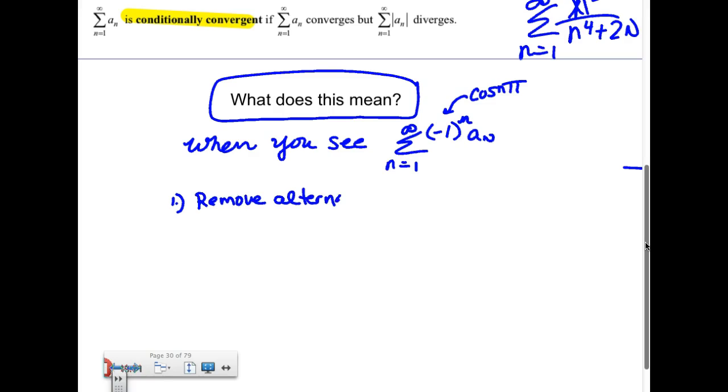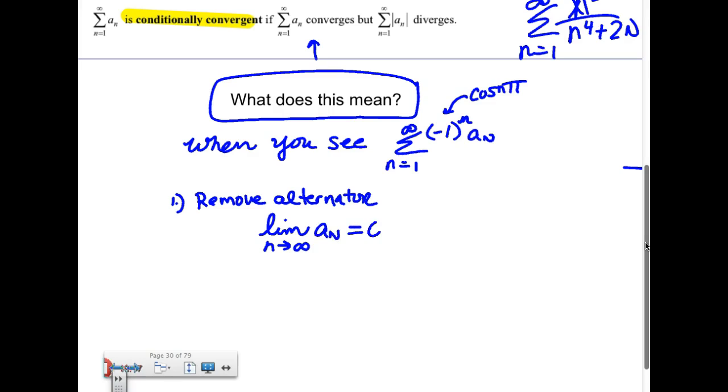Basically, you're taking the absolute value, and that's what this is kind of saying up here. But I just say remove that alternator. And when you do that, you're going to take the limit of the rule of sequence in the absence of the alternator.